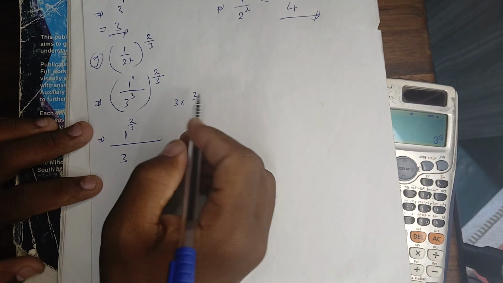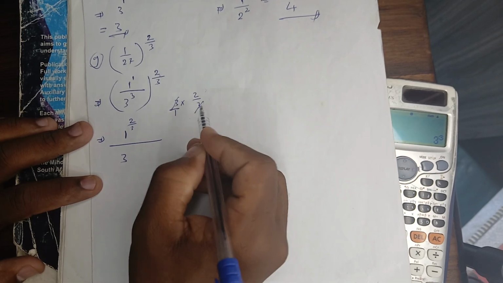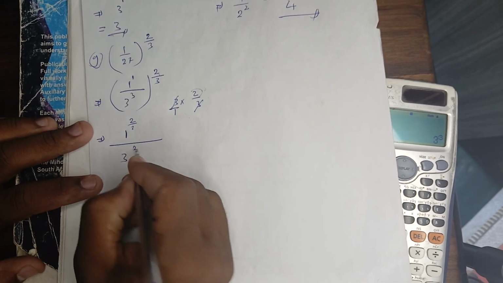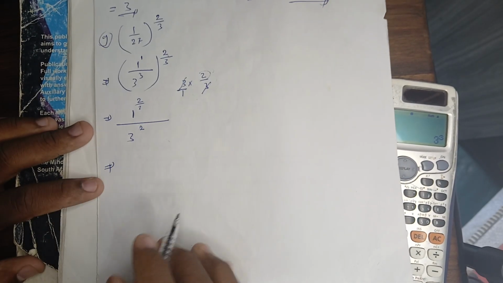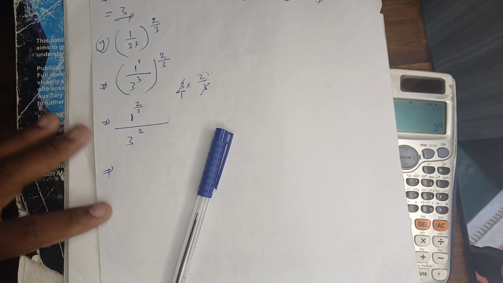This one is not a fraction, you make it a fraction, then this and this cancel, we are left with 2.